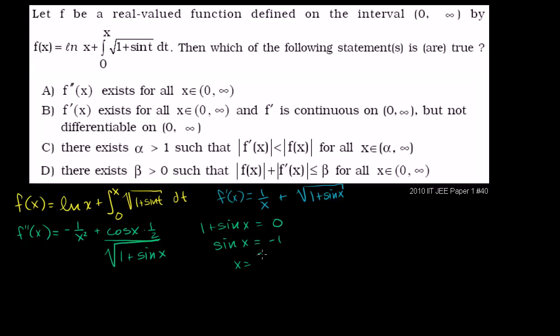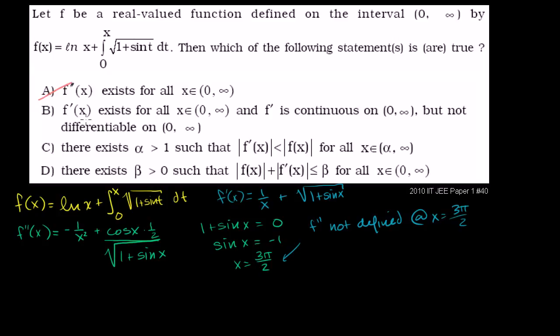In radians, and I'm assuming that we're dealing in radians here, if x is equal to 3 pi over 2, that will make this undefined. So f prime prime is not defined at x equals 3 pi over 2, which is clearly in this interval. So choice A is false. Choice A does not work.